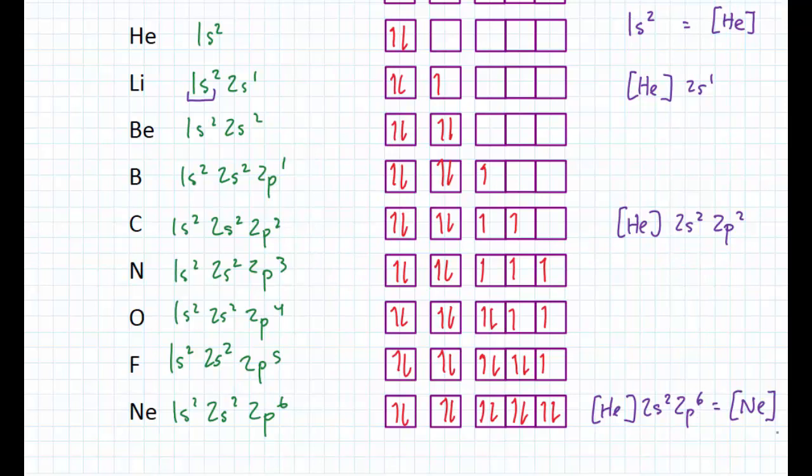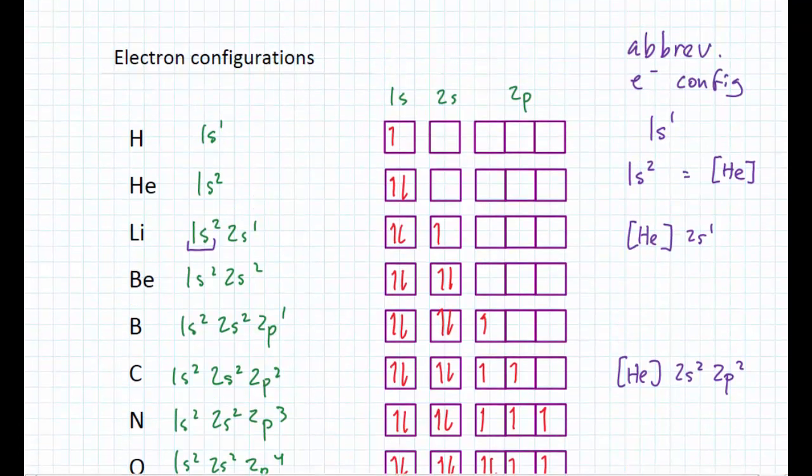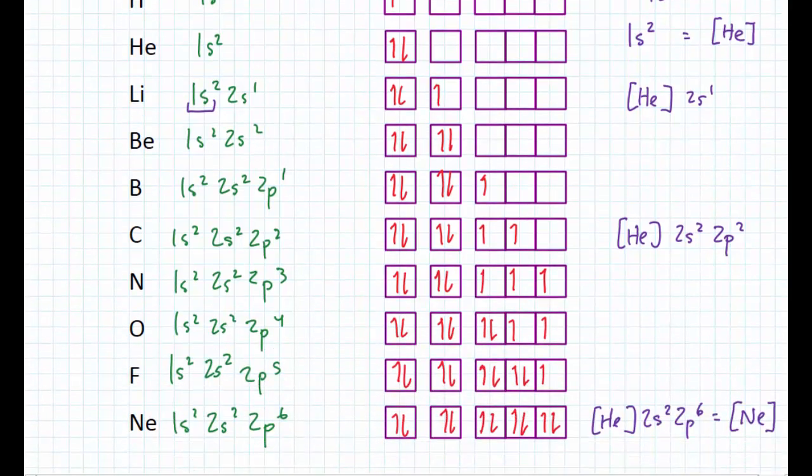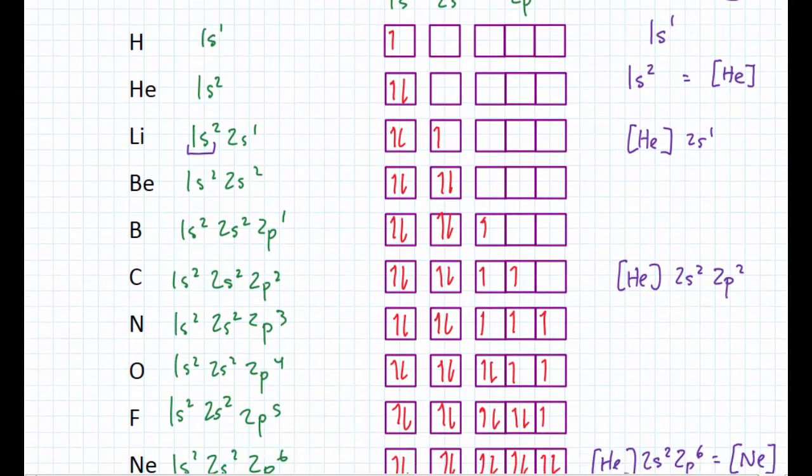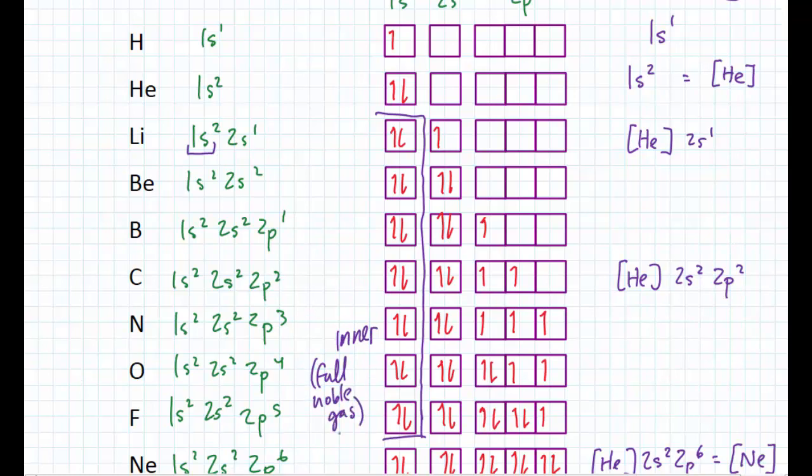The inner electrons for any of these: there are really no inner electrons for hydrogen and helium, but for at least lithium through fluorine, we call these inner electrons, that is a full noble gas. I guess we could include helium in that too. Sort of go either way on that.